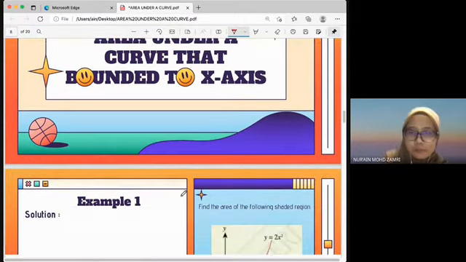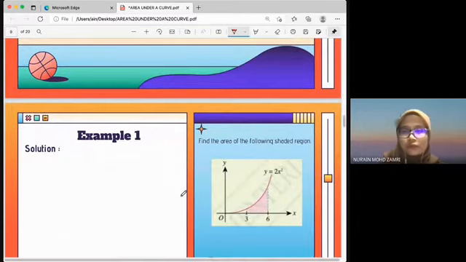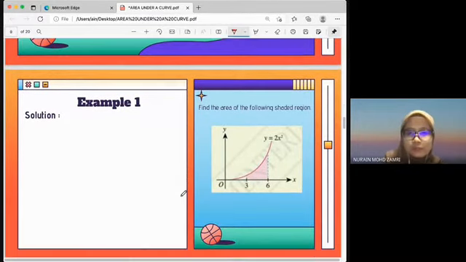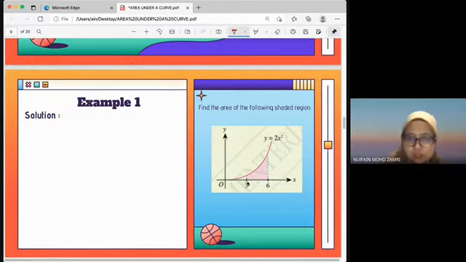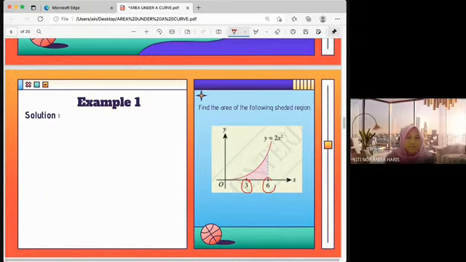For example 1, find the area of the following shaded regions. This is our diagram. Any idea how to find the area of the shaded region? First, we need to know the limits. Yes, you have to know the limits. This is our lower limit and this is our upper limit.